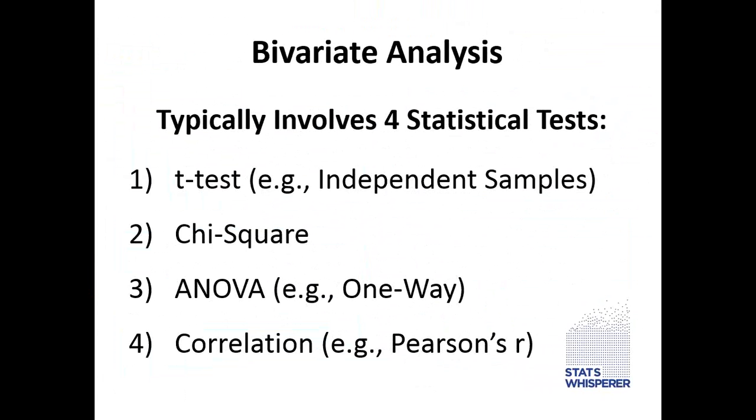Well, essentially, if you go the parametric route, there are 4 statistical tests in this cross-sectional study that we can use to test our bivariate relationships, which are: 1, the t-test, and we'll be using the independent samples t-test; 2, the chi-square; 3, the ANOVA, and we'll be using the one-way ANOVA; and 4, correlation, and we're using the Pearson's R correlation, which is probably the most widely used form.